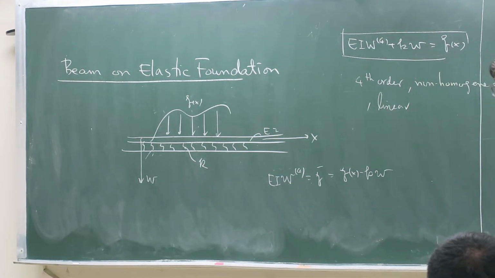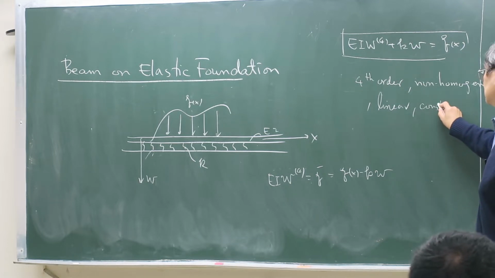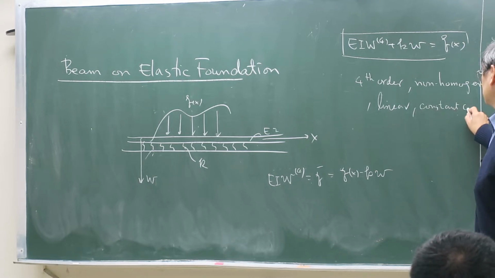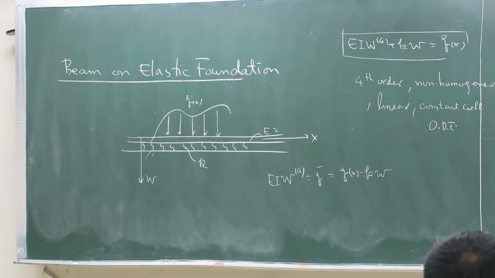Linear, fourth order, and constant coefficient ODE. Okay? And the solution will contain two parts. One is a homogeneous solution plus a particular solution, right?